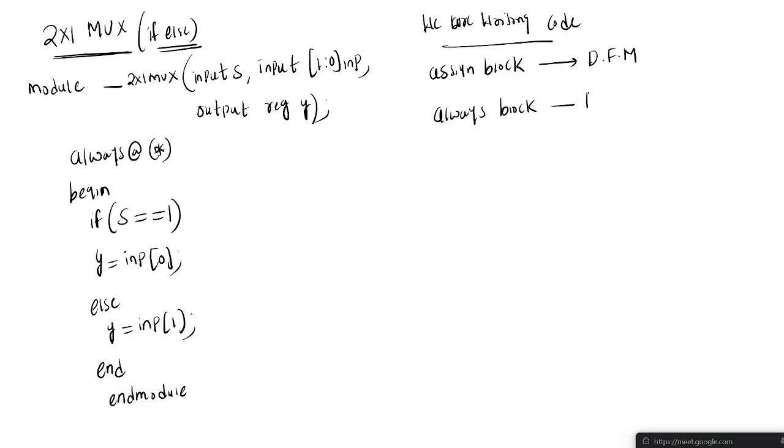This is behavioral modeling, and the initial block also. These two are synthesizable. Synthesizable means you have synthesizable constructs and non-synthesizable constructs, so whatever your code is will be converted into a gate level netlist, that is, into hardware.